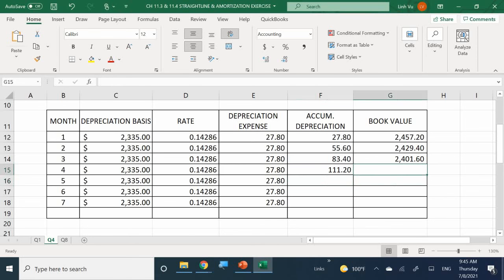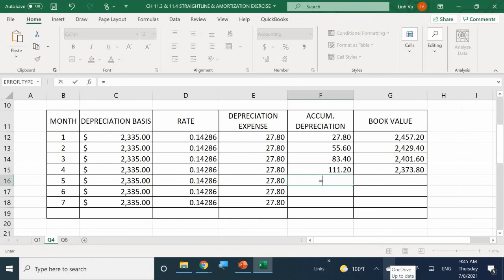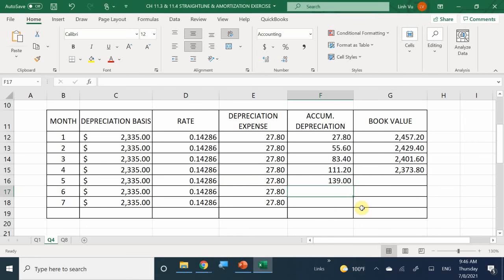And the book value, I got 2373.80. Cool. What is the accumulated depreciation for the fifth month? 139. And the book value 2346.